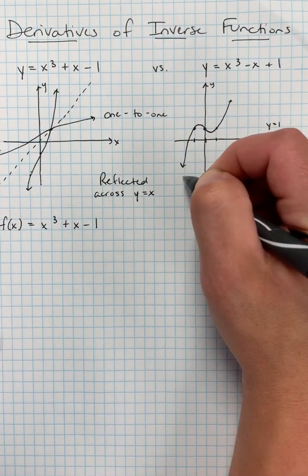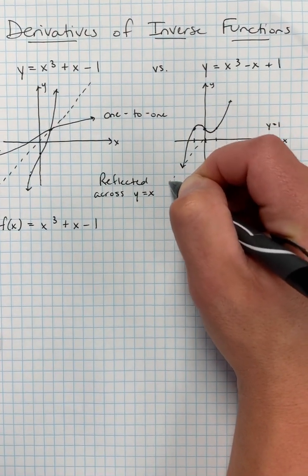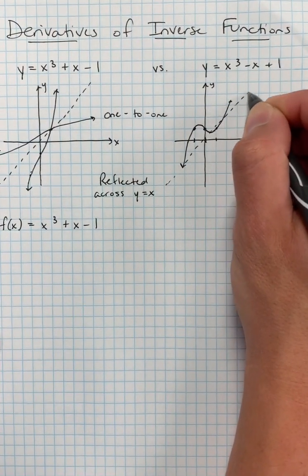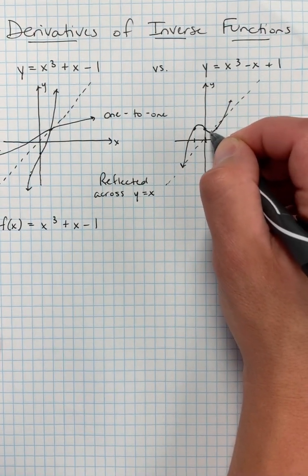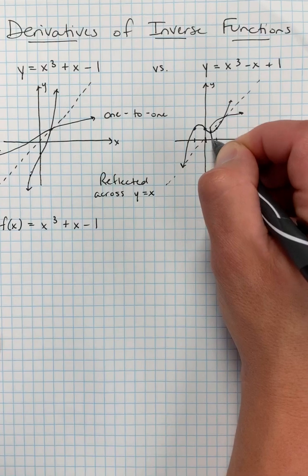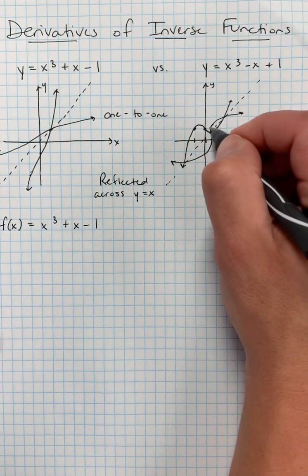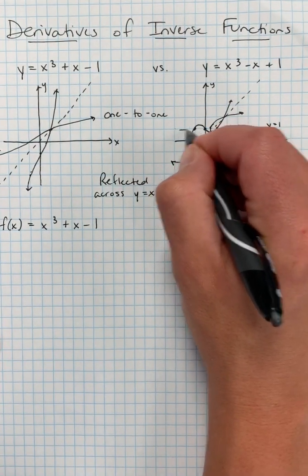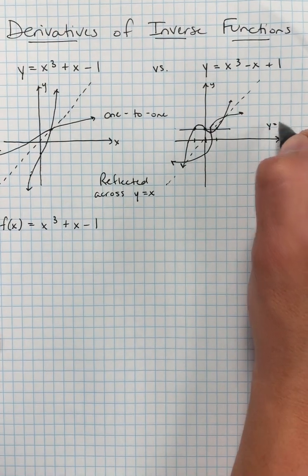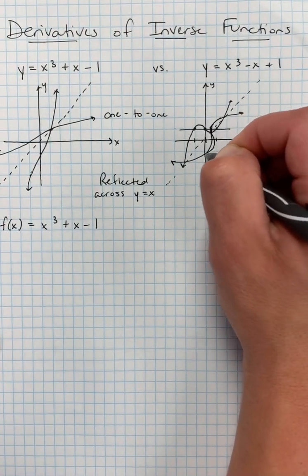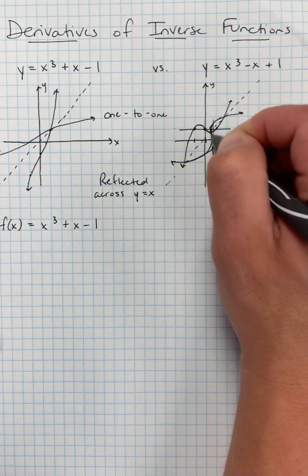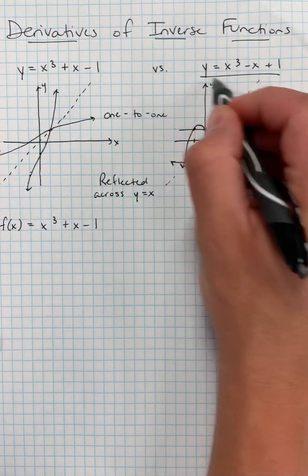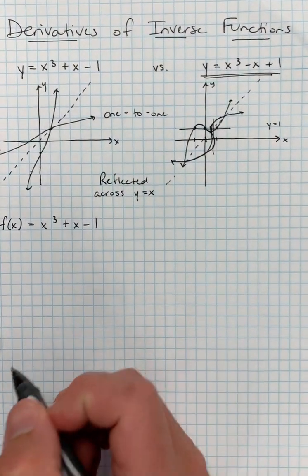Whereas if I reflect this across the line y equals x, the resulting inverse is going to kind of snake through here and do one of these things. And the same way this wasn't one-to-one across the line y equals 1, now this inverse is going to have different spots that don't make the inverse a function. So we say that this doesn't have a true inverse.